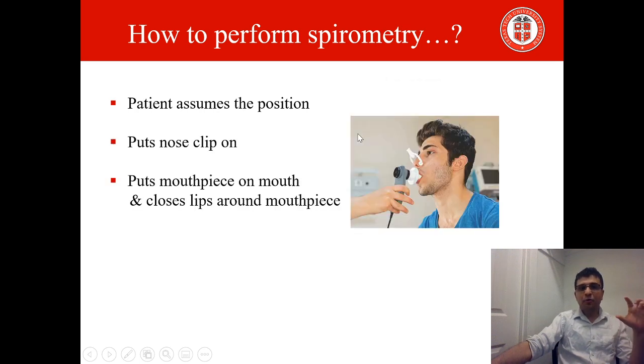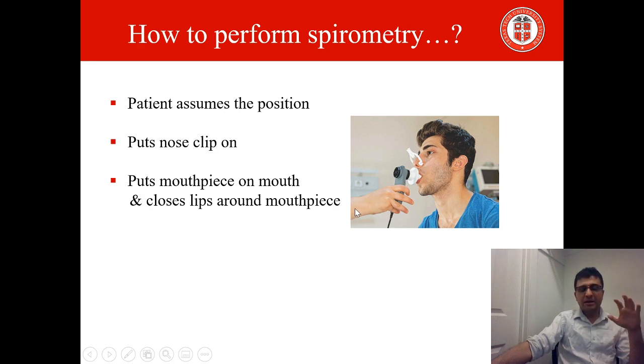And then you put the nose clip on, and then you put the mouthpiece inside your mouth and close your lips around the mouthpiece. So it's a specific position which you need to acquire so that there is no leakage of air from any of the angles of the mouth, and you are directly inhaling and exhaling via this instrument.